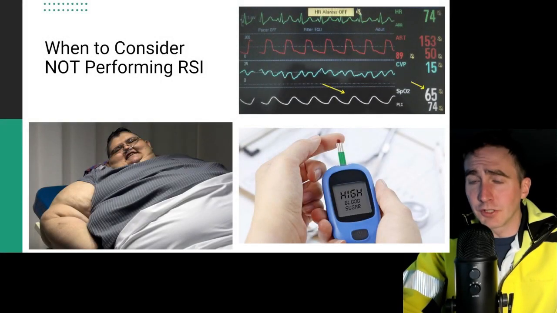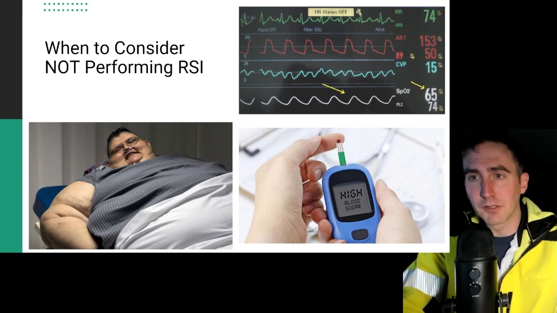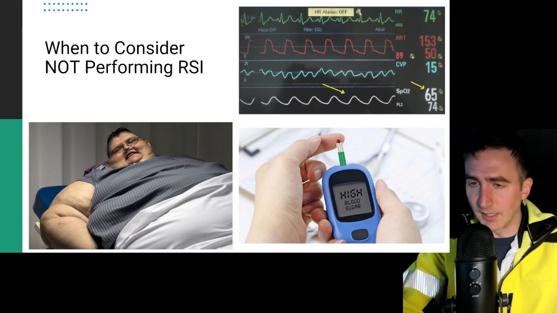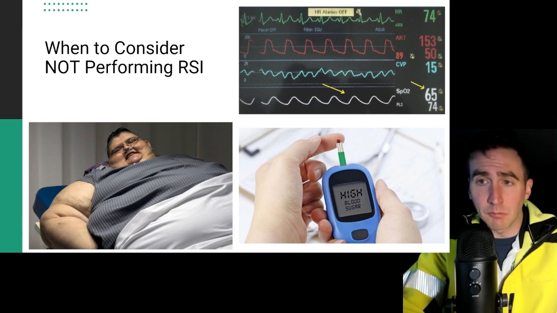So this slide is just to really make it stick when to not perform RSI or DSI or give a paralytic. This patient here, it would be difficult to optimize that patient. If they are hypoxic, it would be difficult to get a good seal on a BVM. It'd be very difficult to position them, and the airway's going to be more difficult to secure.